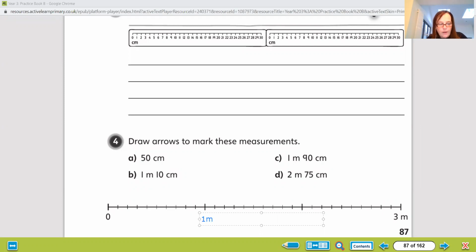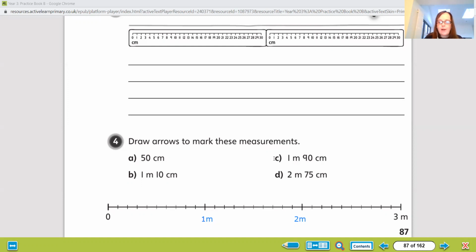And that line there, that big black line there, is 2 metres. Just like we've done before, let's count the gaps. 1, 2, 3, 4, 5, 6, 7, 8, 9, 10. Oh, fantastic. We're comfortable with that, aren't we, Keller class? Because we know now that each one of these lines is worth 10 centimetres.